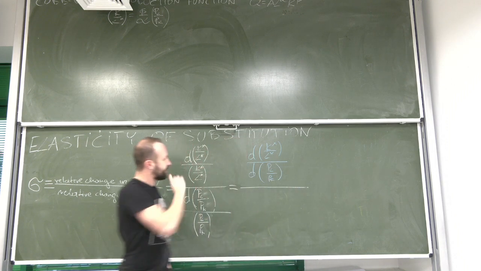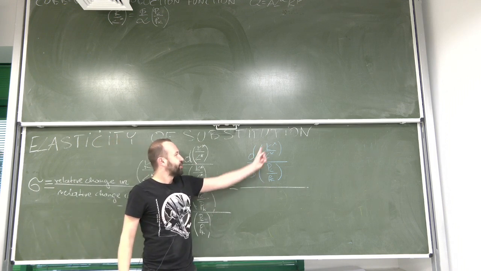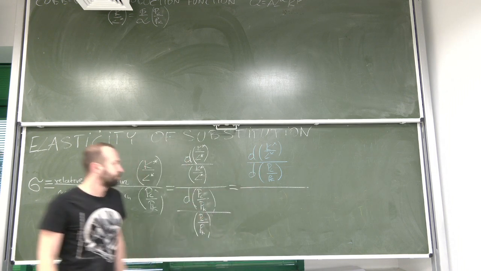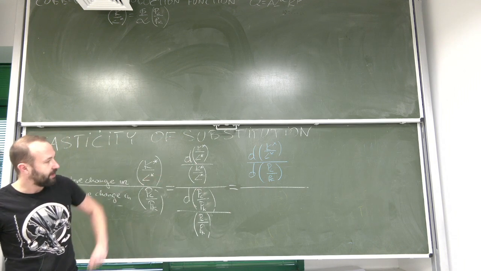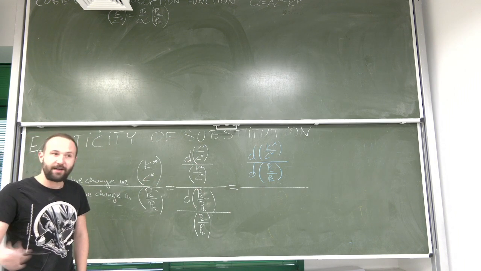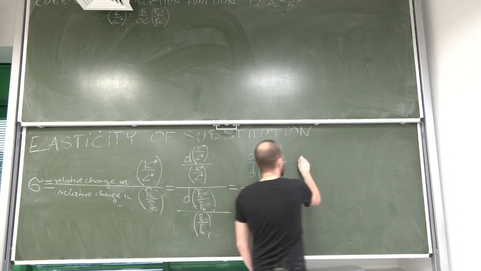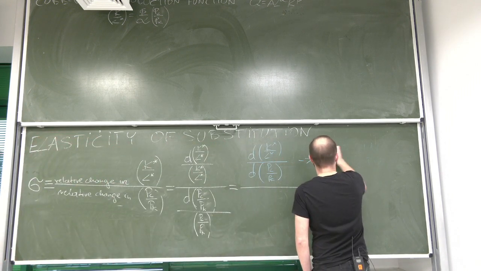In other words, here we see the change in capital to labor ratio due to change in the price of labor to price of capital ratio. So we've got a marginal function here.